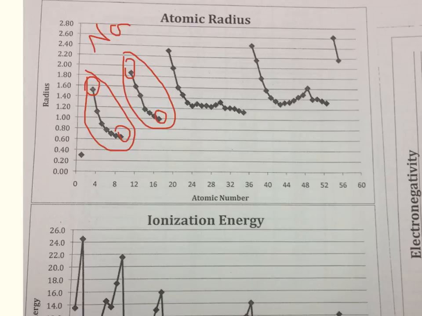Okay, based on that trend then, largest, smallest, you'll know whether the trend going across the period is increasing or decreasing. When it comes to finding your families going down the periodic table, right? 3, 11, 19, 37, 55 for the alkali metals.